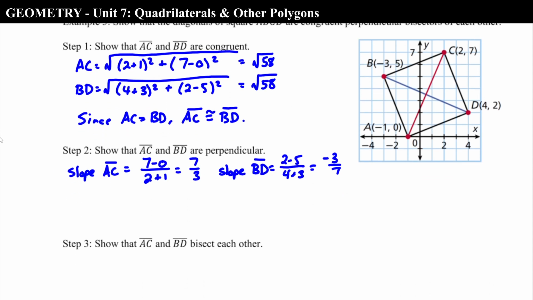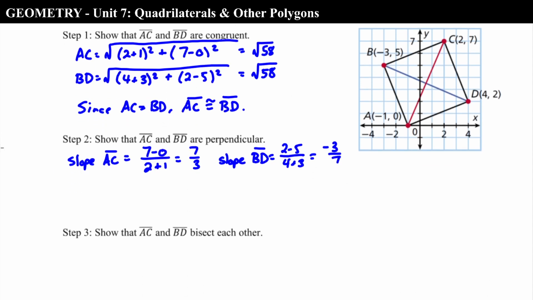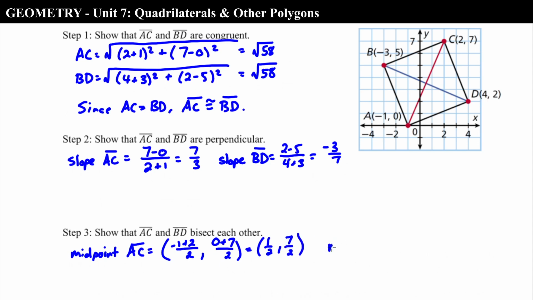For step 3, we want to show that AC and BD bisect each other. So to do that, we're going to use the midpoint formula. So the midpoint of AC is going to be (-1 plus 2) over 2. That's x1 plus x2 over 2. And then we've got y1 plus y2 over 2, which is (0 plus 7) over 2. And so we get 1/2, 7/2. So we want to see if the midpoint of BD is the same.